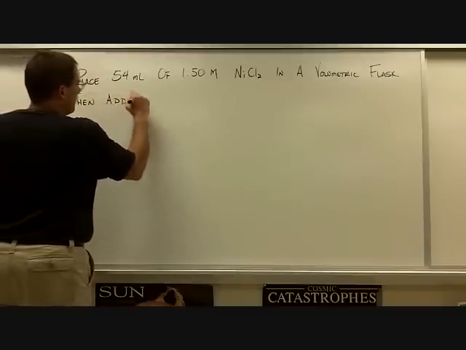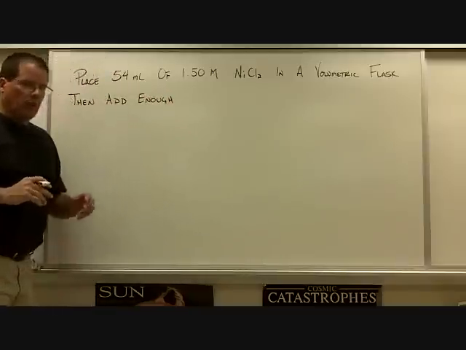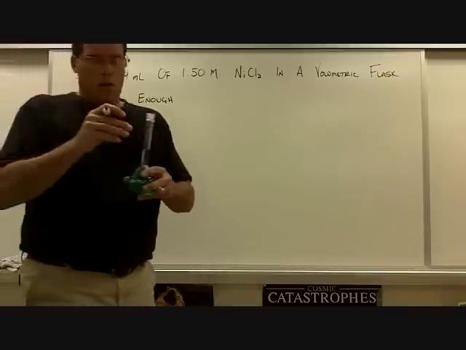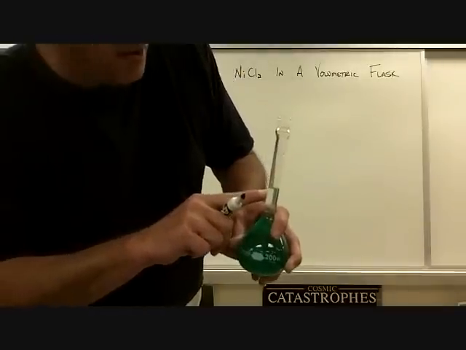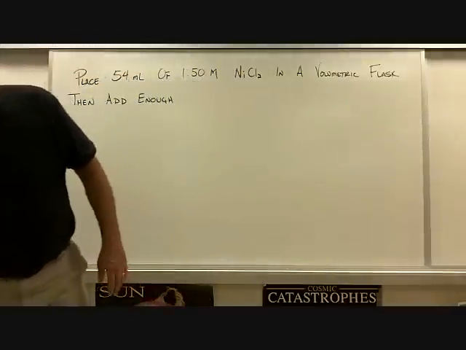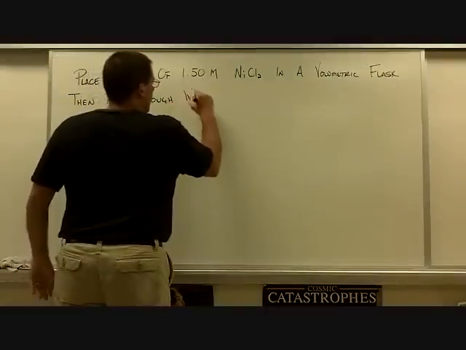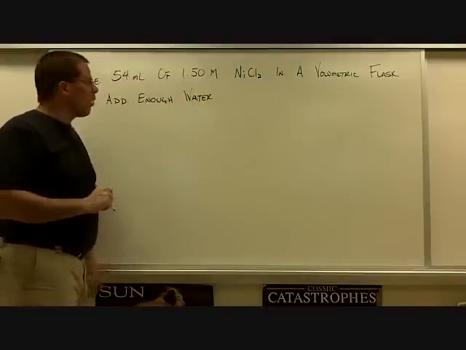Then we'll add enough water. Notice that there never is an exact amount. You're just going to add just enough water to get it to that level, that line right there. And again, this is understood to be distilled or deionized water.